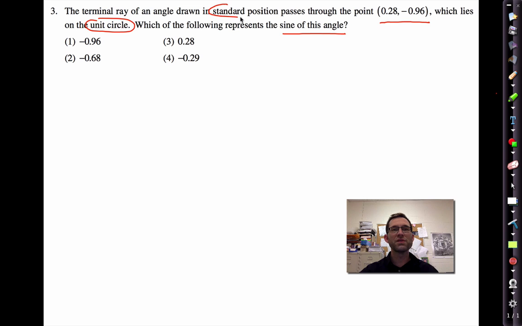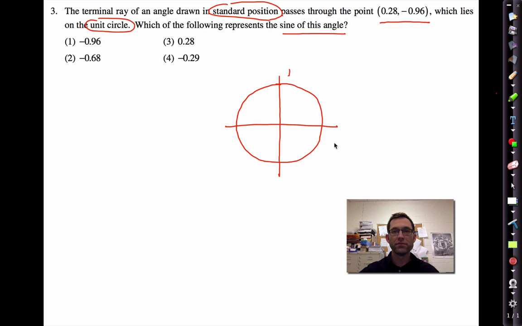Let's work through a bunch of different things here. First off, if we're on the unit circle, that's a circle centered at the origin with a radius of 1. Okay, we're at the point 0.28, negative 0.96. That might be some point down here, right?